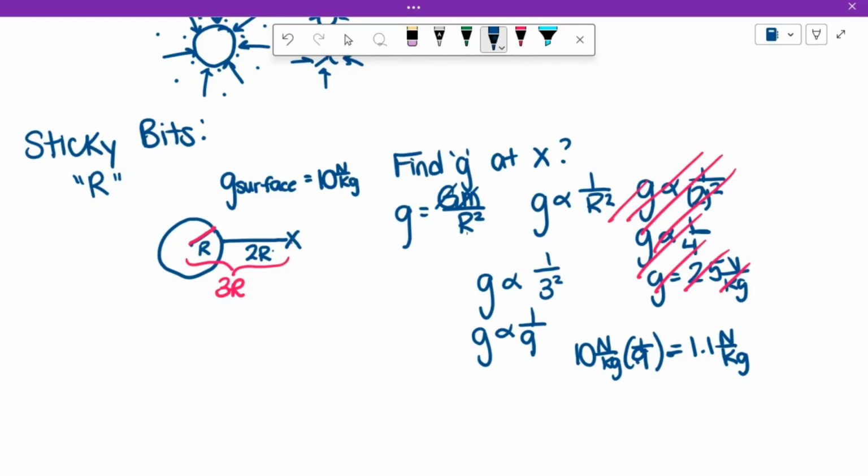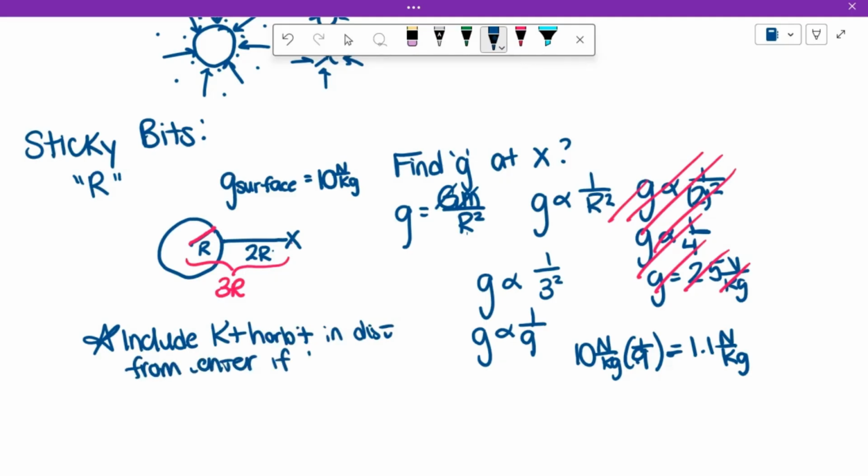We're actually 3R from the center. So make sure you are including the radius plus the height of the orbit in your distance from center, if not already given.